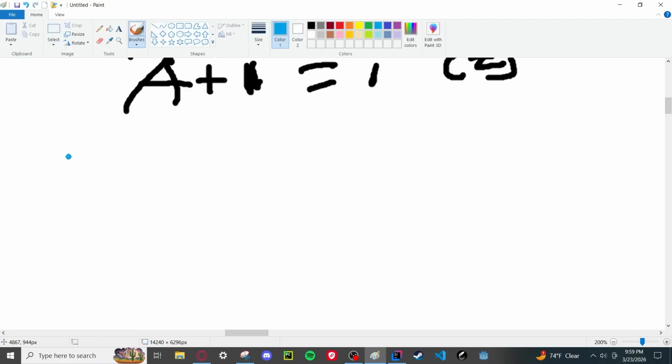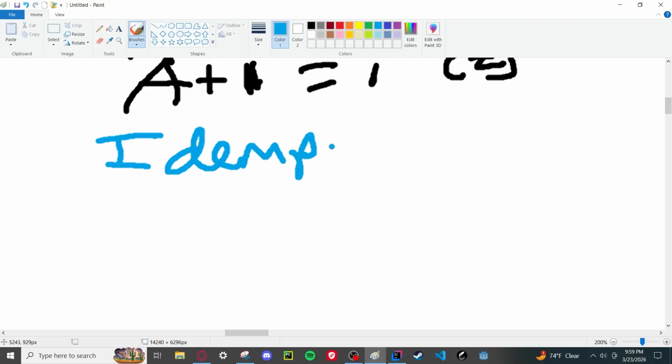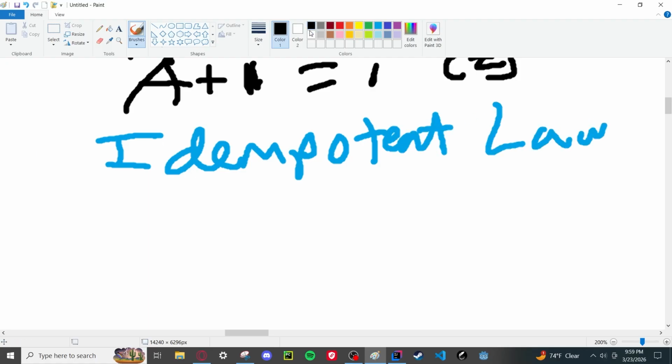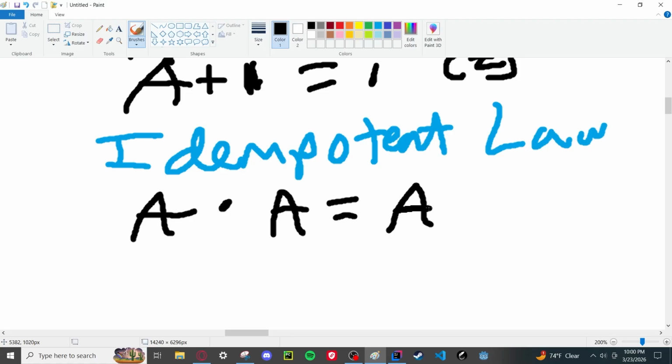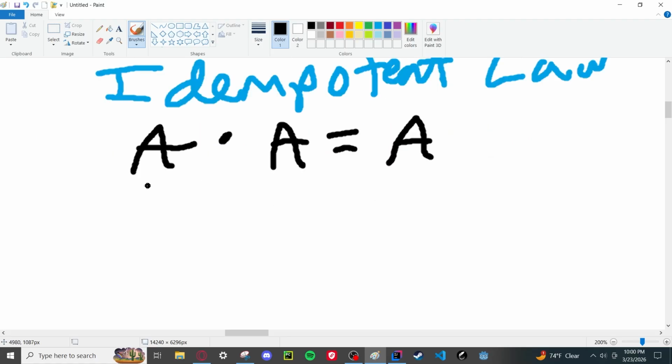Next, you have the idempotent law. So this one is pretty easy. All it's saying is if you have condition A and it's ANDed with condition A, then your whole expression is determined by condition A, which kind of makes sense because these are the same thing, right?